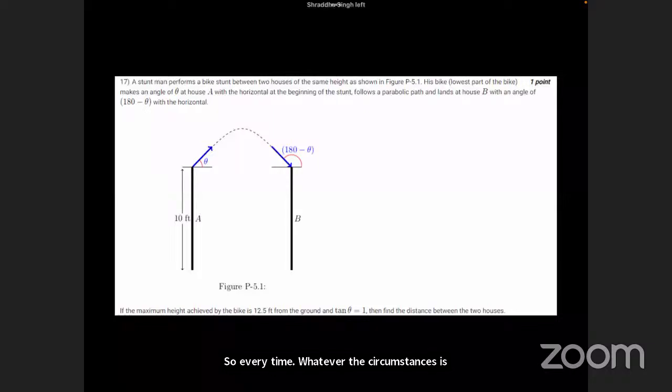There must be some mistake you're making, because the heights at A and B can be very far apart, and you're just assuming it started from A at 45 degrees and is dropping here at 135 degrees. Every time your value will be 5 feet only. The distance between two heights will always be 5 feet.